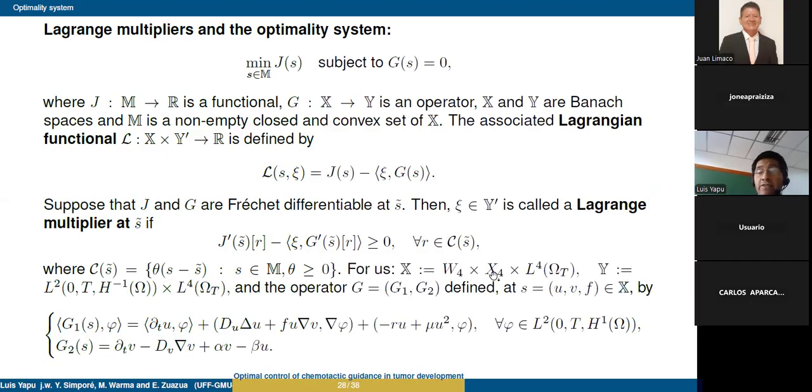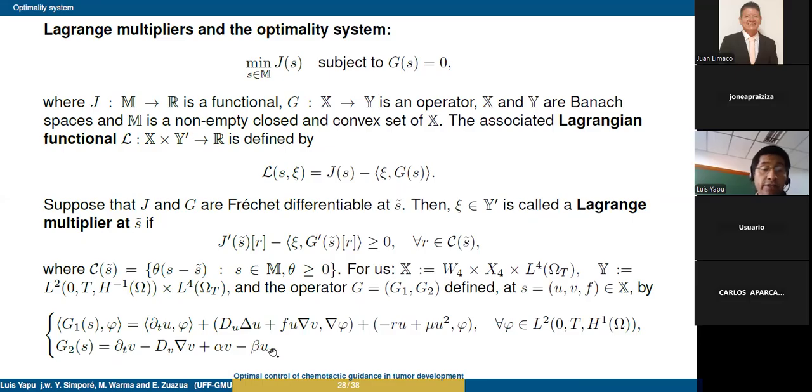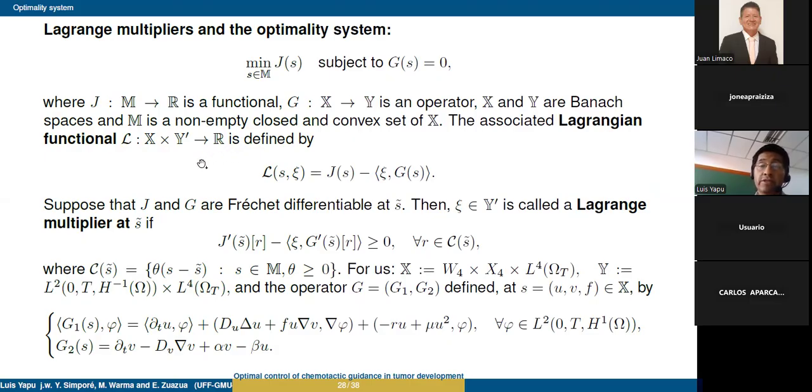For us, X is the spaces we studied in the first part, in the existence: W4, X4, and L4 for the control. Y, the operator, is given by the PDE system: the first one in weak form, and the second equation of the PDE. We can use this general theory for our problem.